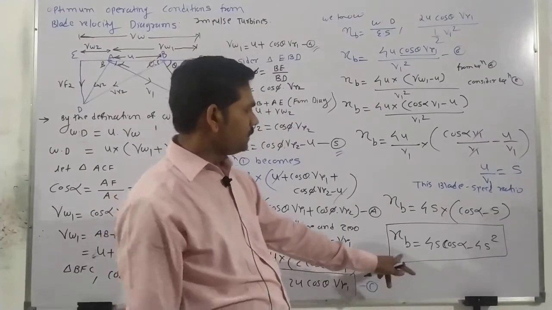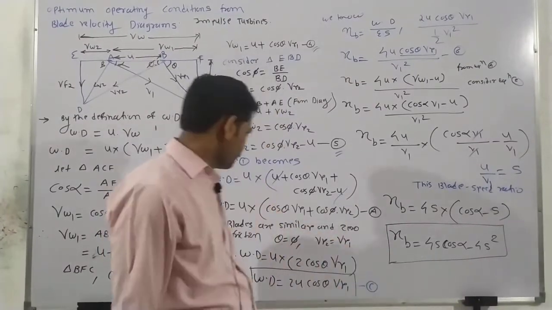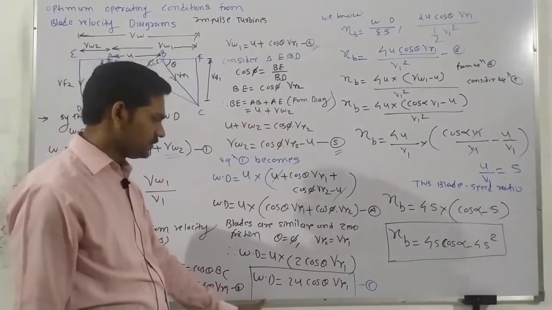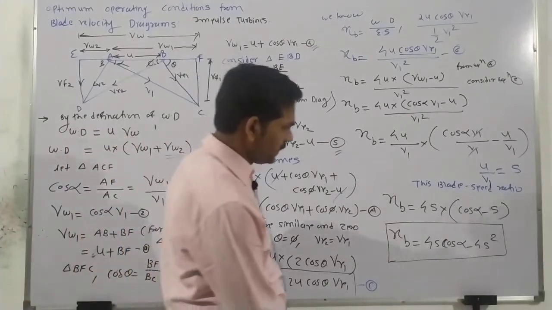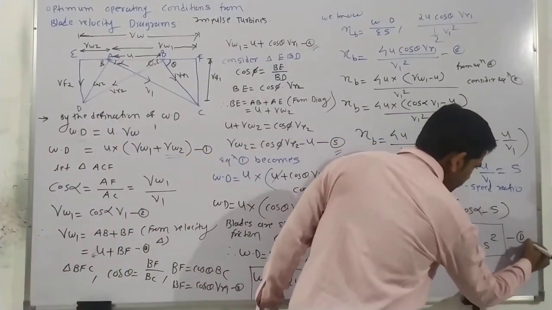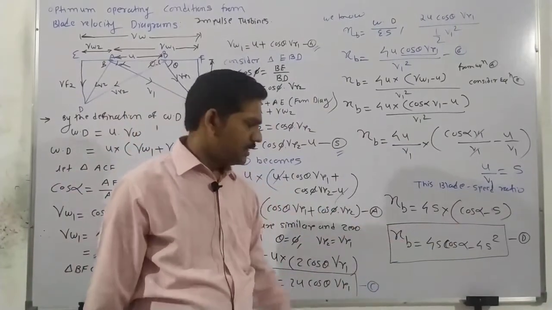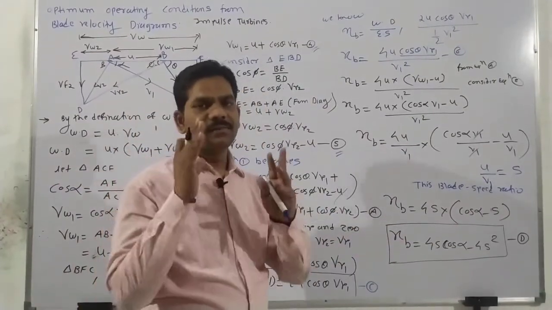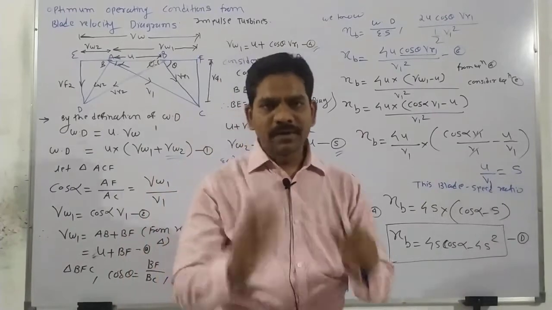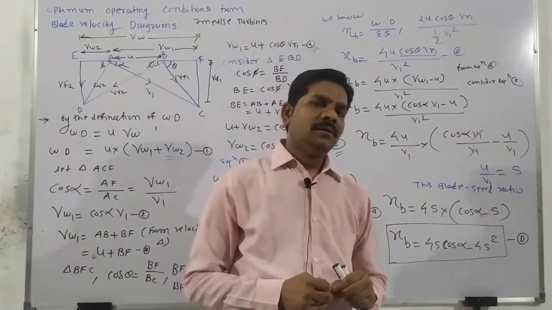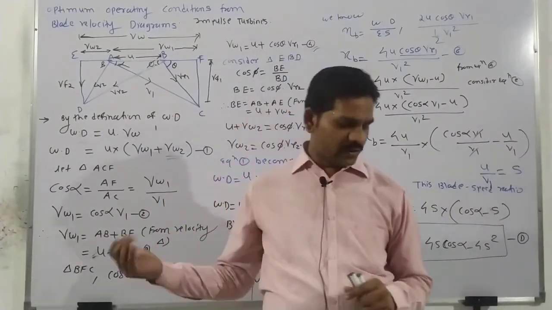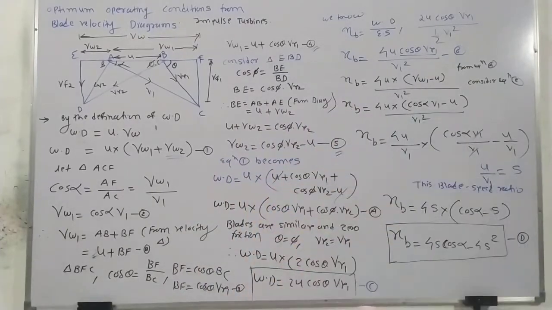And from this NB, and from this work done, we have to determine, these are our important equations C and D. Equations C and D are very important, and from these equations we determine the optimum conditions of steam turbines. So let's see further derivations.